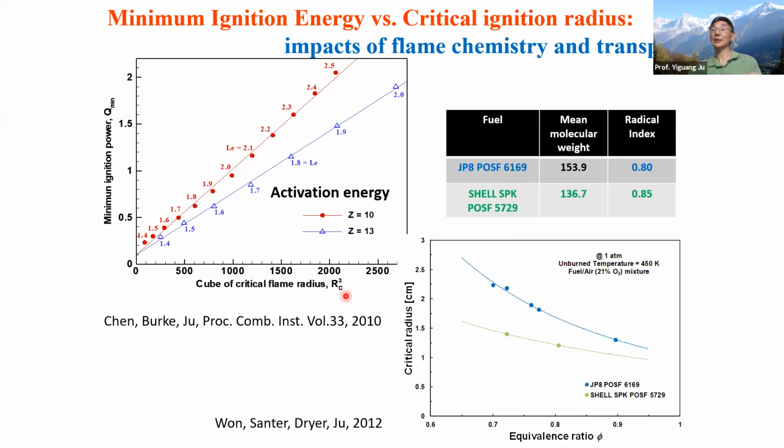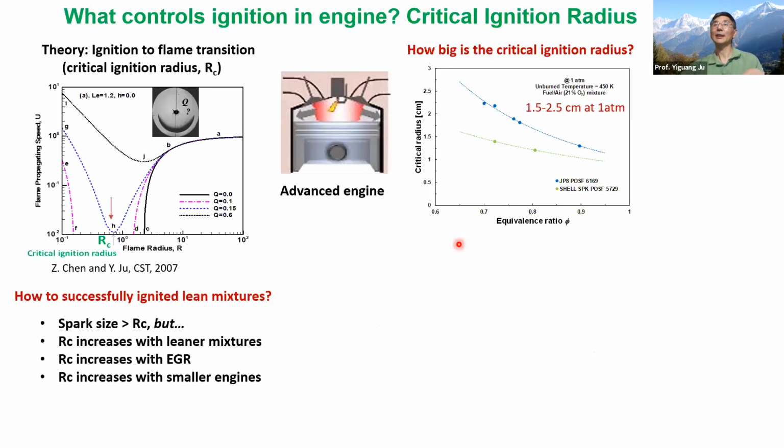If you measure the critical radius in the laboratory, which we did for jet fuel, you can see that as you go to leaner mixtures, the critical radius is increasing. As you go to lower pressure, the critical radius is also increasing. That explains why at low pressure, high altitude relight conditions, ignition in the engine becomes difficult because of this critical radius. All right, so I try to save time.